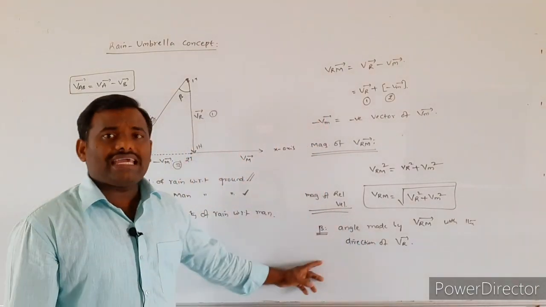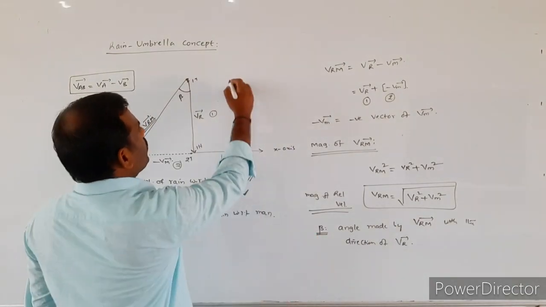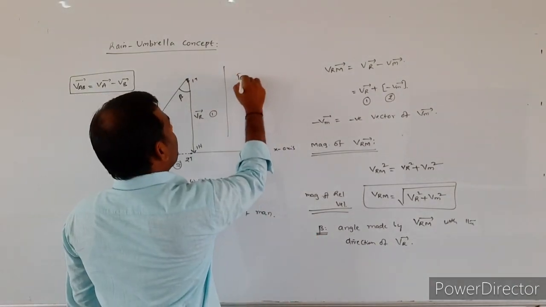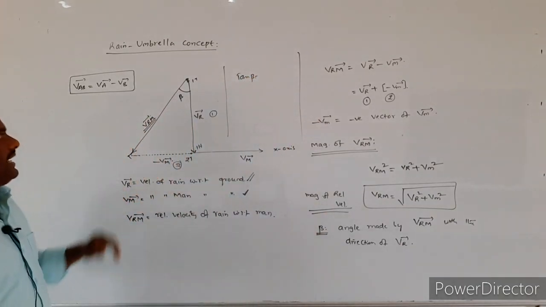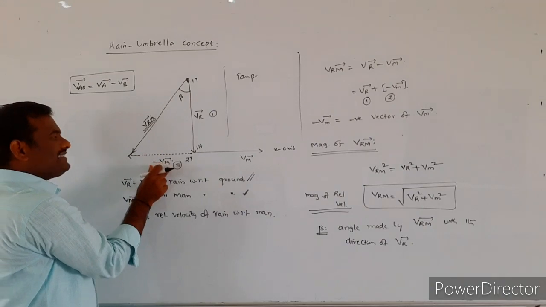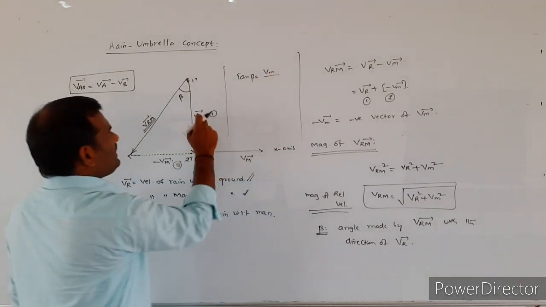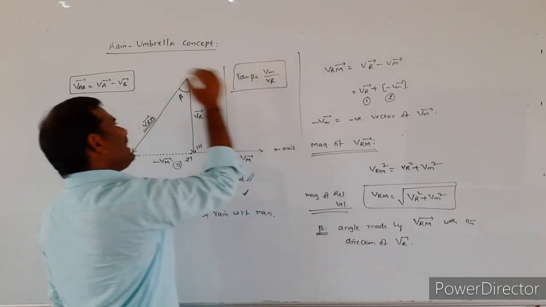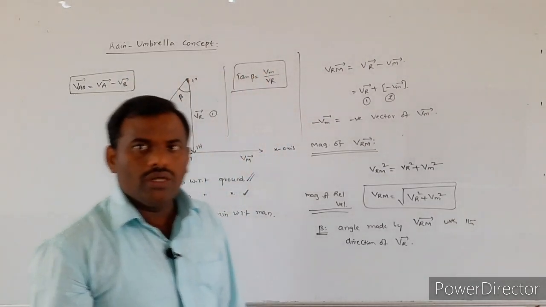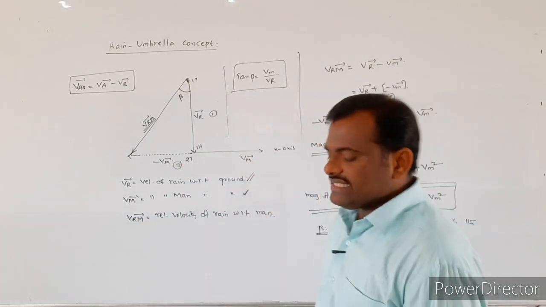Now how can we calculate the beta value? From the diagram, tan beta is equal to the opposite side magnitude Vm by the adjacent side magnitude Vr. Tan beta is equal to opposite side by adjacent side.